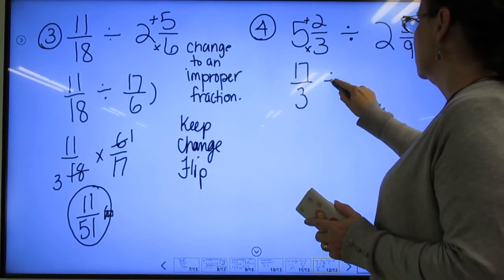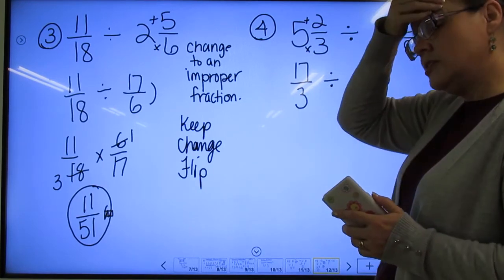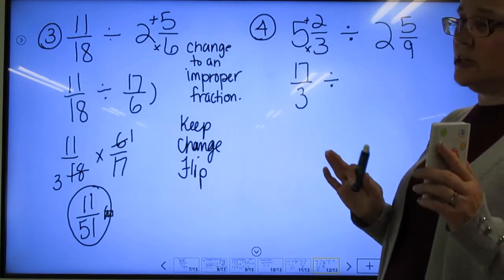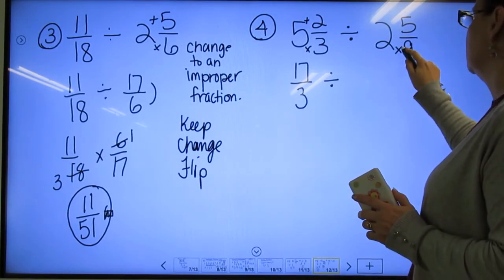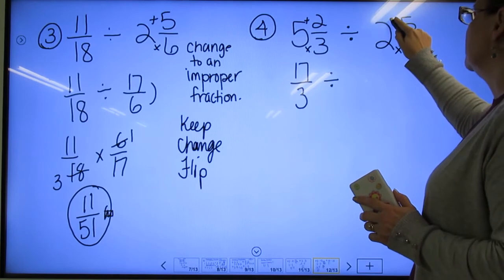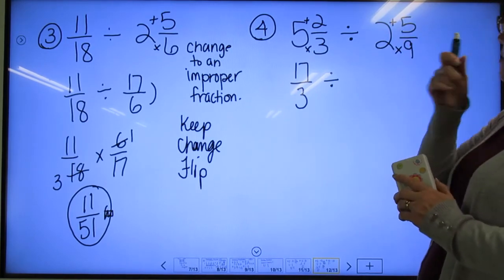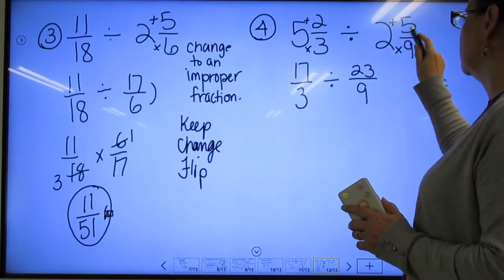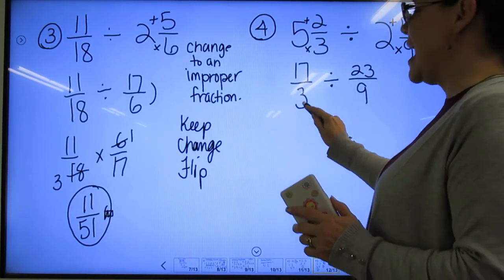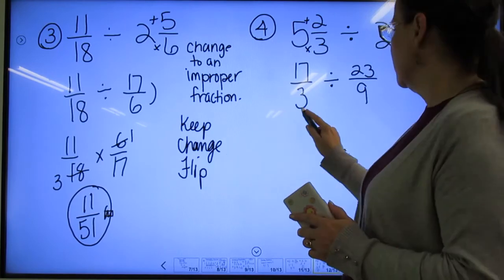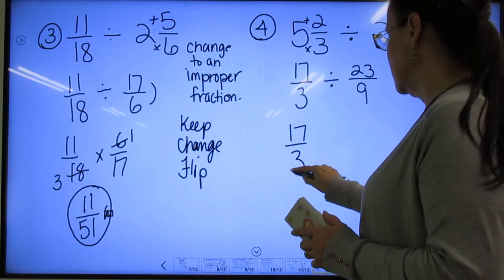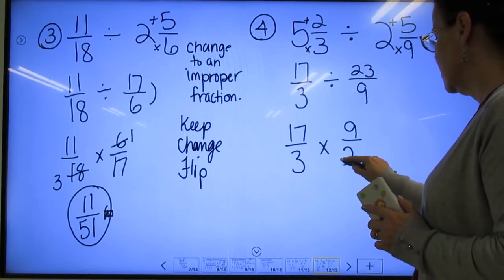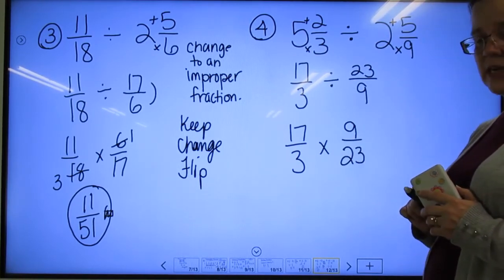Right? I'm still going to bring down the division. I'm going to change them into improper fractions first before I keep changing, flipping stuff. So 2 times 9 is 18, plus 5 is 23 over 9. 18, 5, 23, yes. And then now I can change, flip. Keep the first, change the sign to multiplication, flip the second fraction, right?